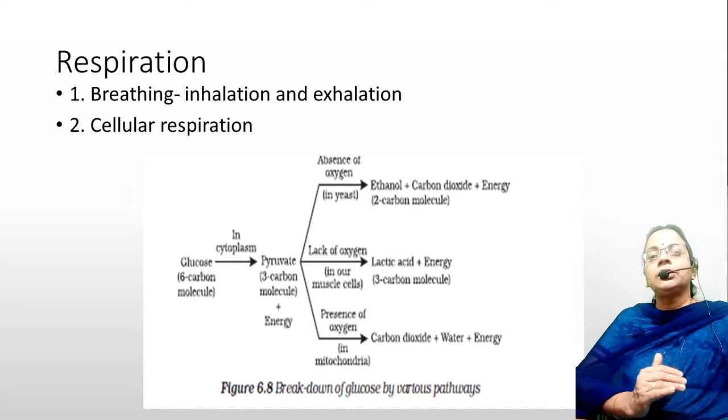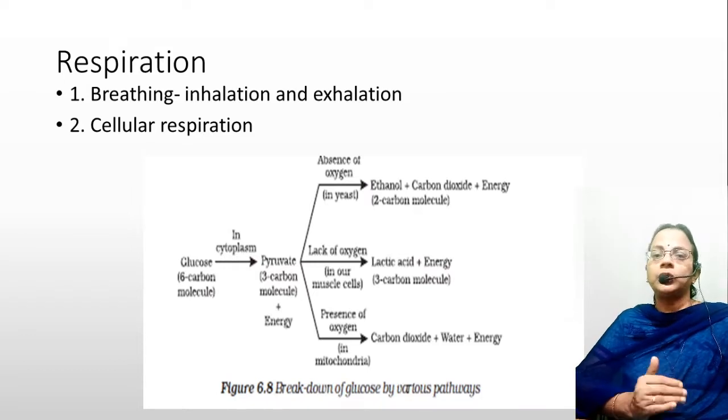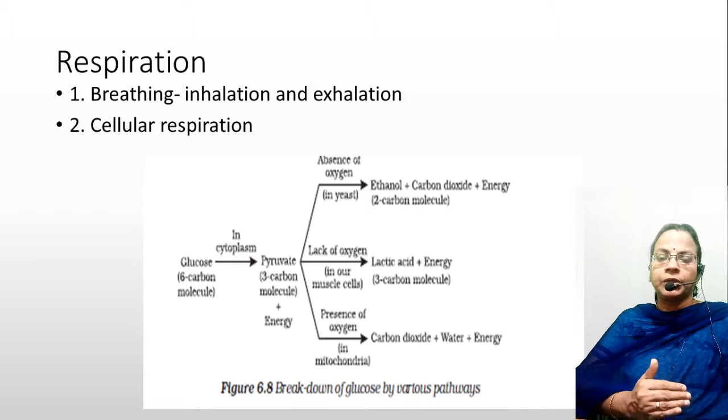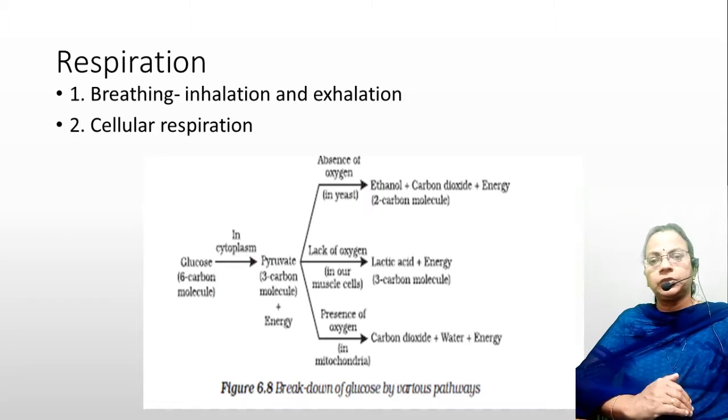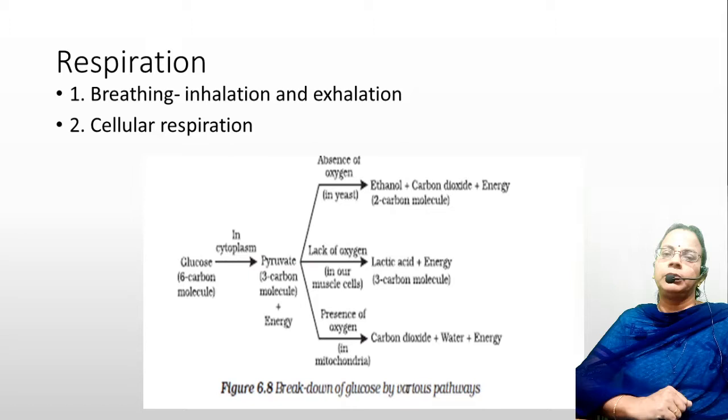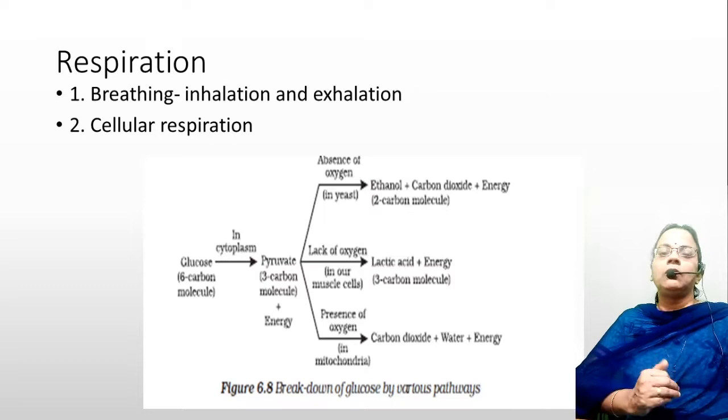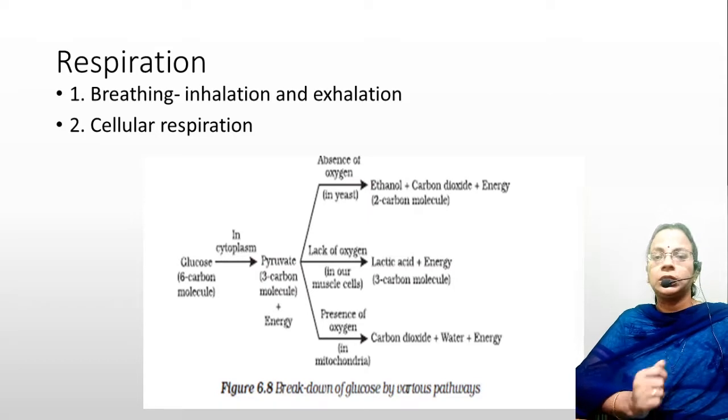Okay, then the second method of breaking down of pyruvate is in the deficiency of oxygen. When a person is performing strenuous muscular exercise, the deficiency of oxygen will take place because fast muscular contraction is required. In such a case, the normal amount of oxygen within the cell will not be sufficient to meet the energy requirement.